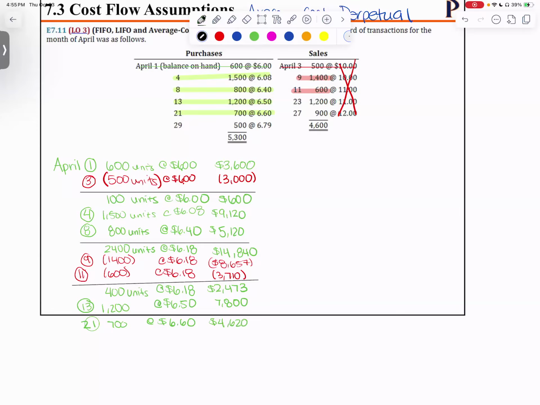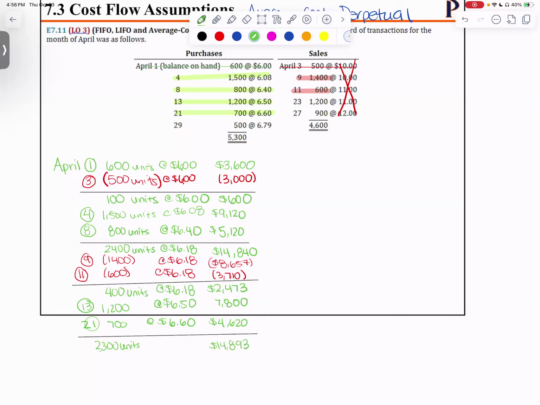And then we can see that our next transaction is a sale. So before we record the cost of goods sold for that sale, we need to recalculate our weighted average. After these 2 purchases, we have a total of 2,300 units in our inventory. The total cost of our inventory is 14,893.